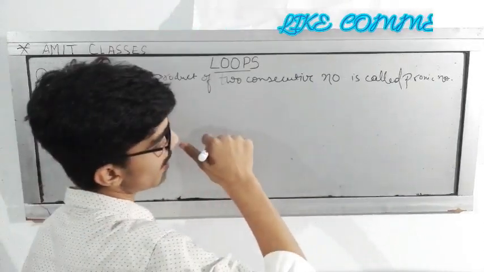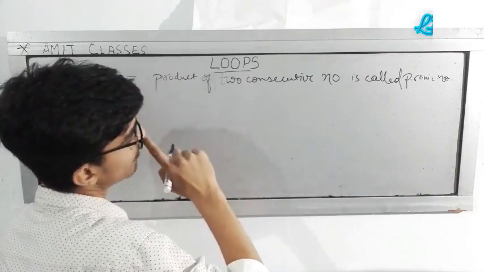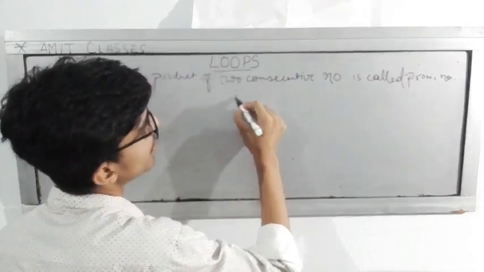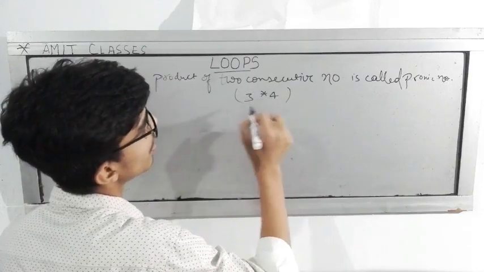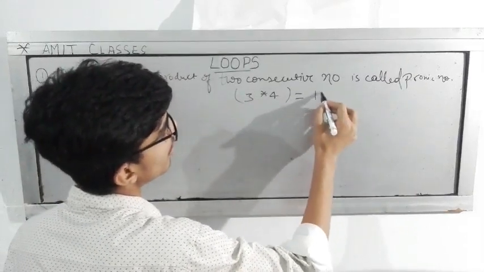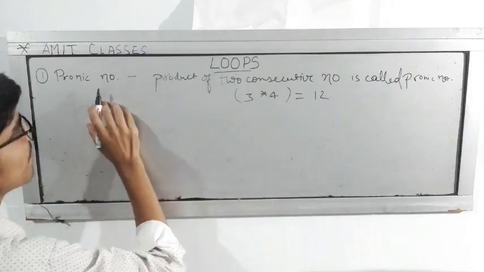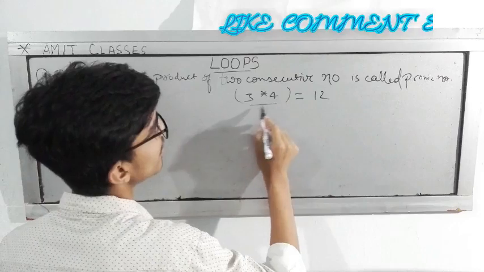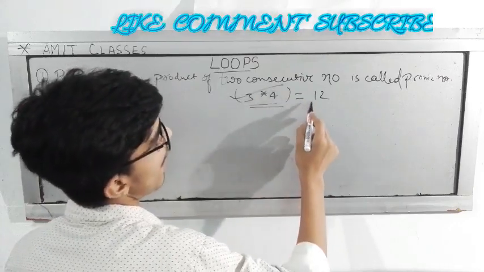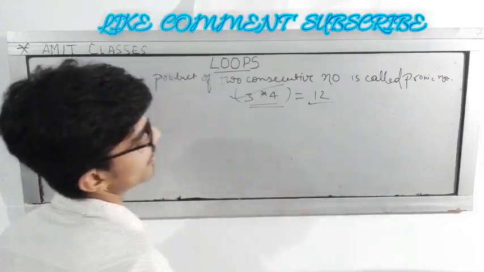If we take an example, two consecutive numbers, 3 into 4 is equal to 12. If the input is 12, then this condition would be correct and it would be a Pronic number.